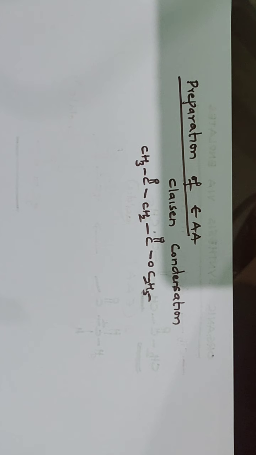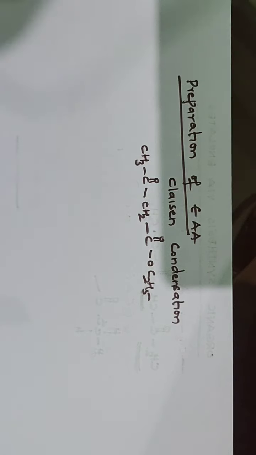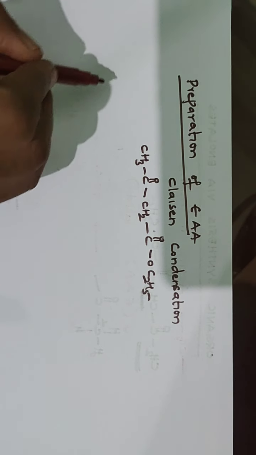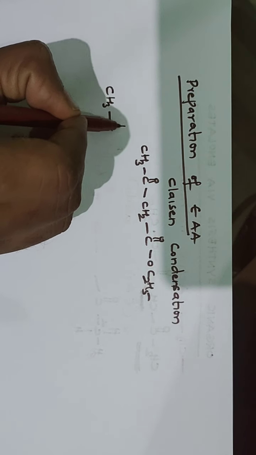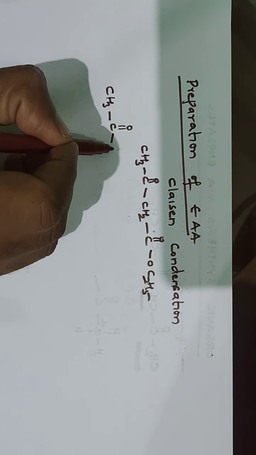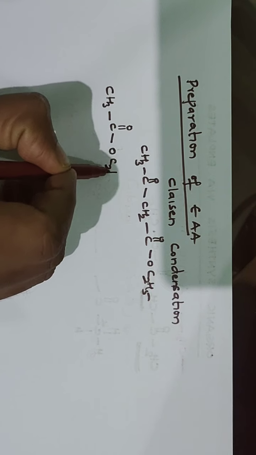Okay, to prepare ethyl acetoacetate, which ester should be considered? To prepare ethyl acetoacetate, the molecule used is this CH3 C double bond O, OC2H5.